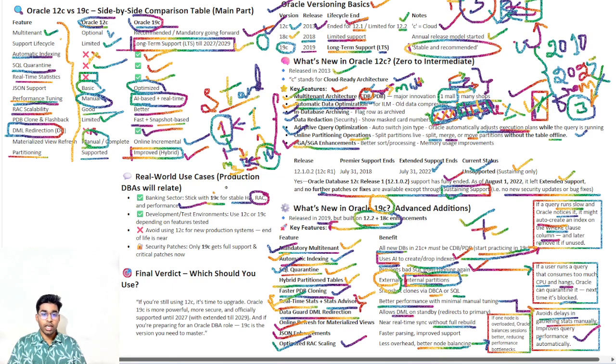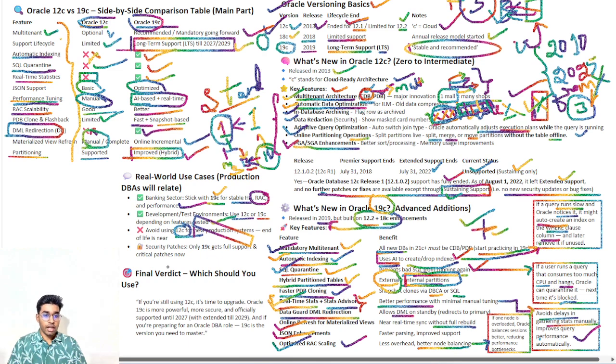So we should choose 19c. For development and test environments, we can use 12c or 19c depending on the features tested. Avoid 12c on new production because 12c is already dead now. We don't have any support from Oracle. It has already reached end of life. So better to use 19c for newer and production systems.